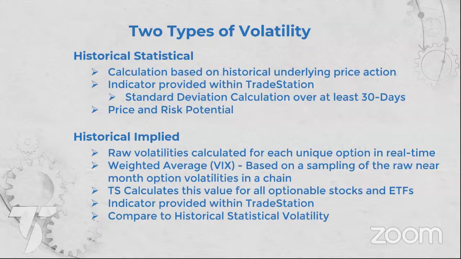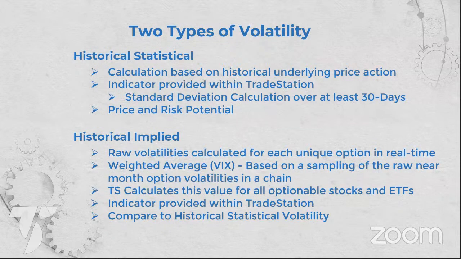A concept came up a long time ago, developed by the Chicago Board Options Exchange, called VIX. VIX takes those raw implied volatilities for the options in a chain, looks at certain types of options in certain expirations, weights them and averages them, and comes up with a value which we call VIX.